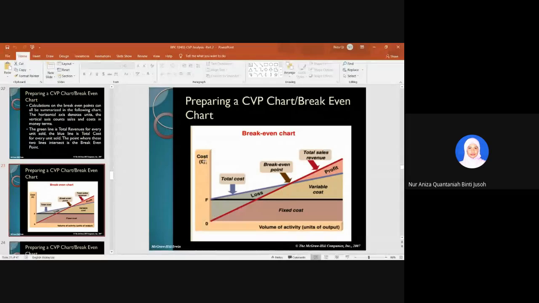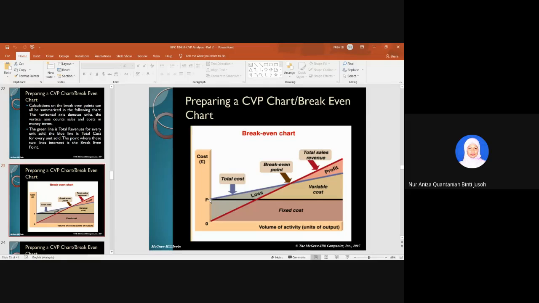The break-even chart has two axes, whereby the vertical axis shows the cost, which is usually the dollar amount, and the horizontal axis is the volume or the quantity. First of all, you draw the total sales revenue line, the red line.